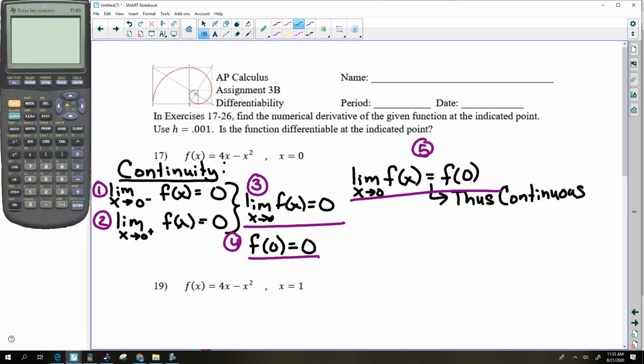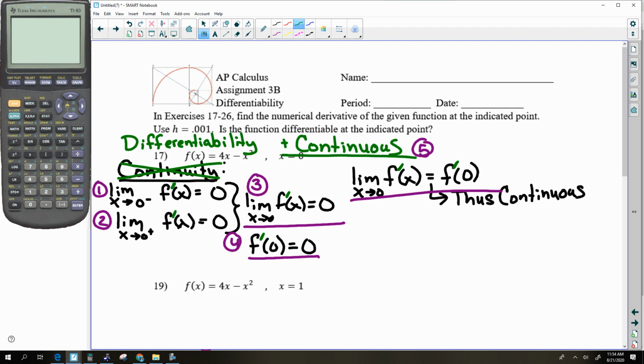Now, what this is talking about is: is it differentiable? So instead of the continuity test, we are asked to do the differentiability test. The differentiability test is exactly the same process, except you're dealing with the derivative of everything, and it must be first continuous.